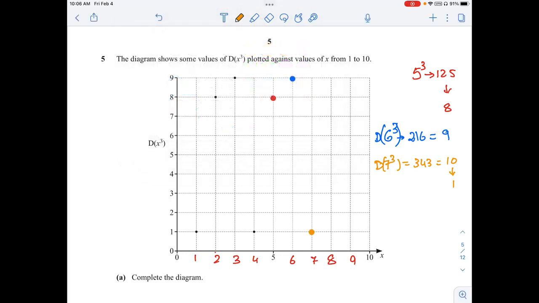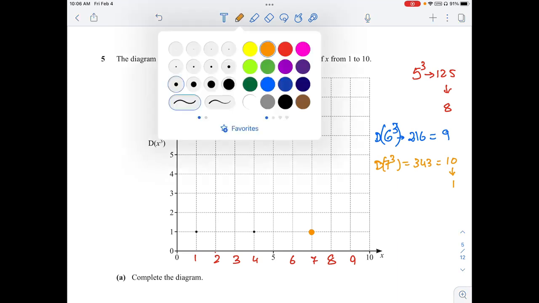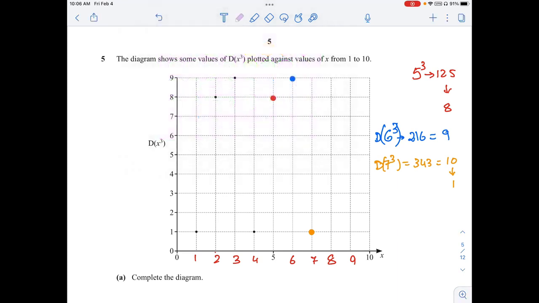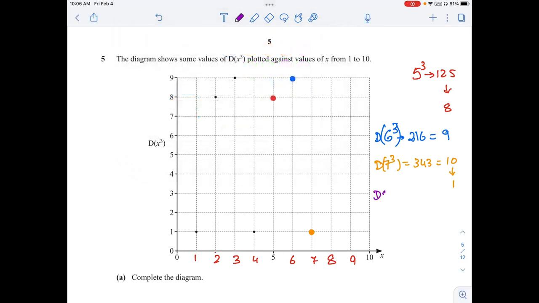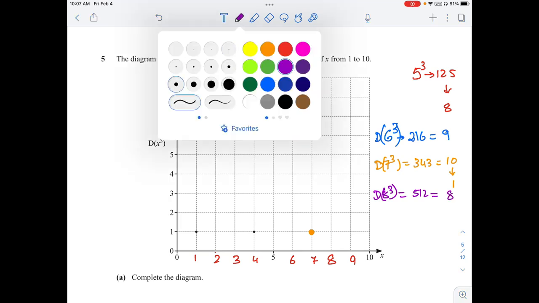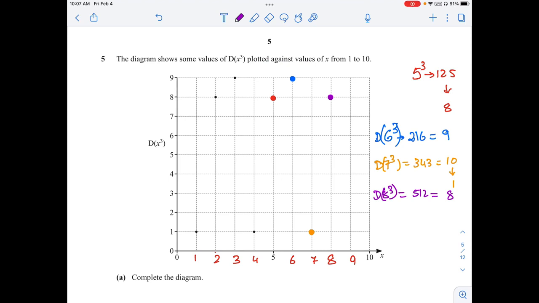Then next I take 8. 8 cube should be equal to 512. So its digital root is going to be 8. For 8 cube, it's going to be 8.